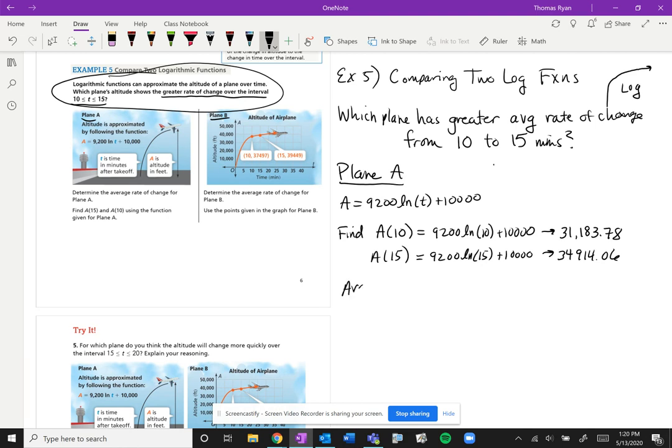So to find the average rate of change, we're going to do our change in y over our change in x, or our change in altitude over the amount of time. So 34,914.06 minus 31,183.78 over the time interval from 15 minus 10.